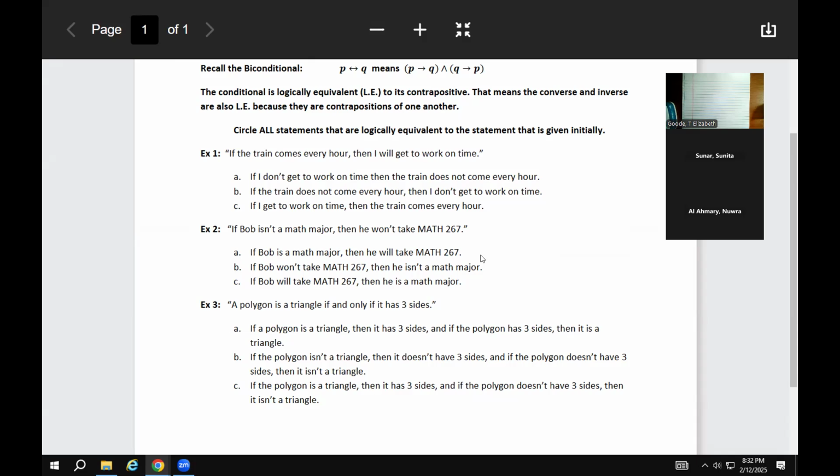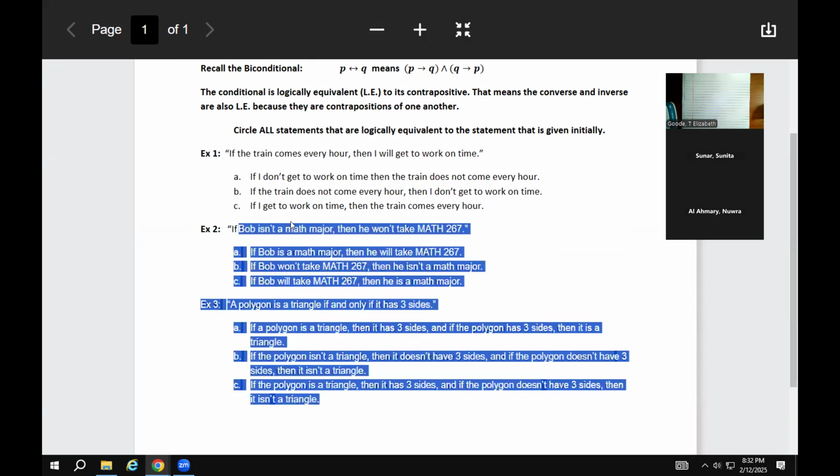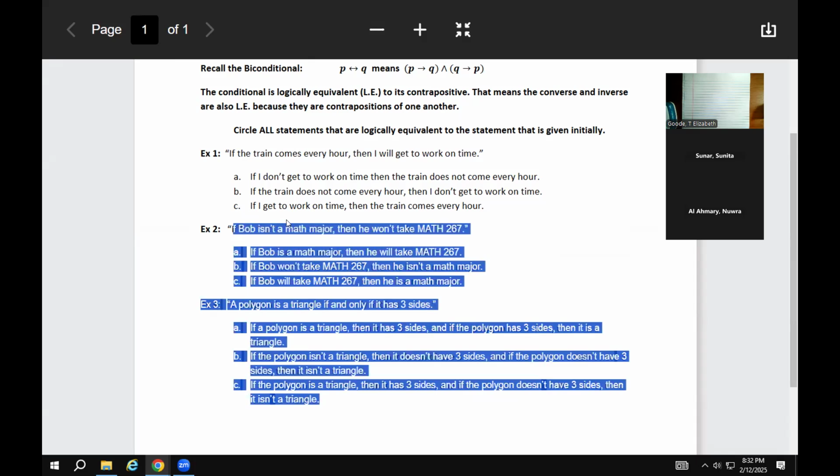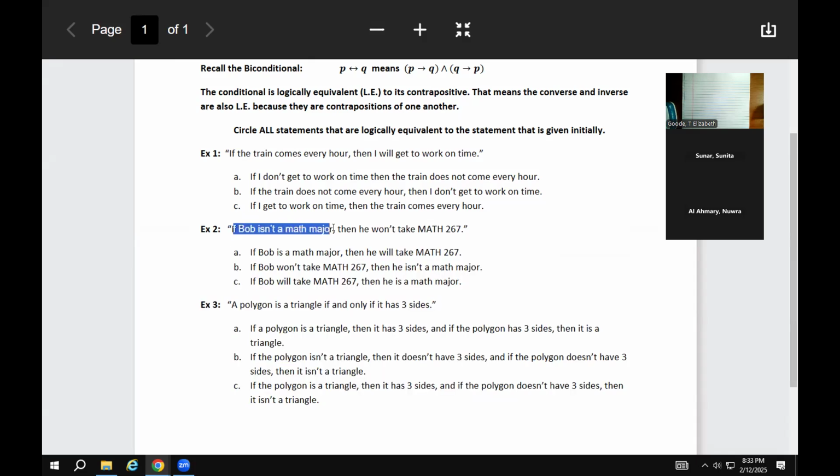Basically, we're changing the positions of the two statements. Bob and math major is now over here, and taking Math 267 or not is now the hypothesis. They've both been negated in statement C, so C is the contrapositive of this original.